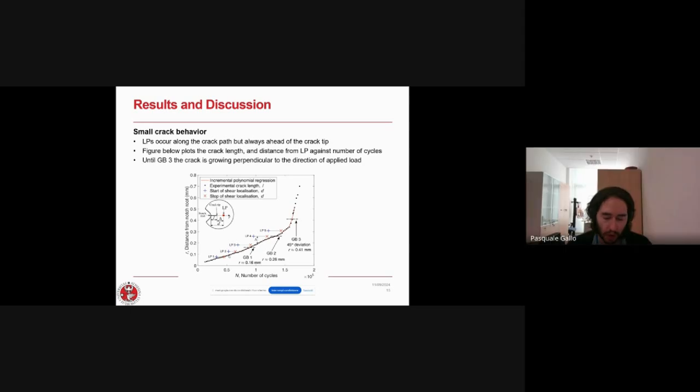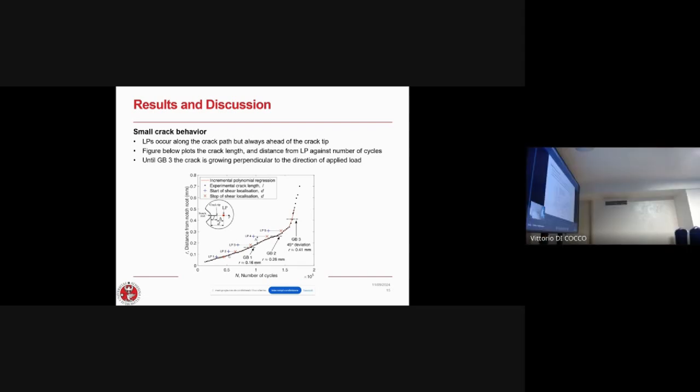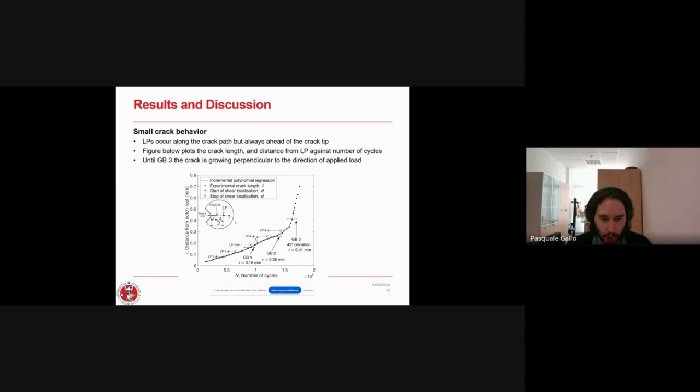This means that when that localization is happening, the crack tip is behind. In some cases, they are also in different grains. For example, in this situation right here, we have a strain localization that is in the second grain, but the crack tip is basically still in grain number one.